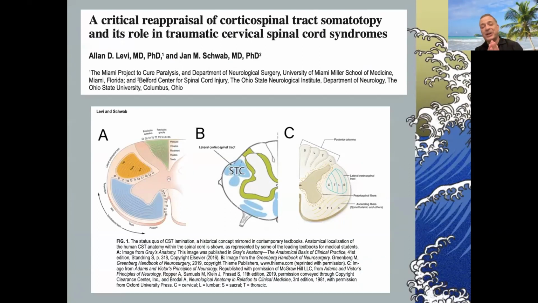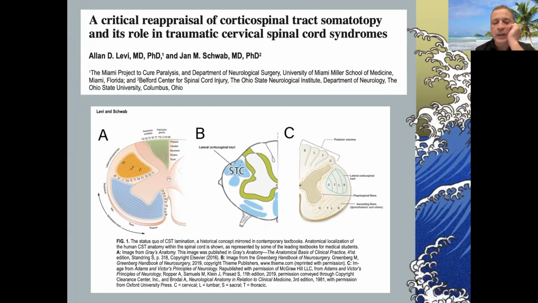So this leads to this here, and it's very timely because we just published this literally this weekend. It came out in the Journal of Neurosurgery as the front cover, and it's entitled A Critical Reappraisal of Corticospinal Tract Somatotopy.